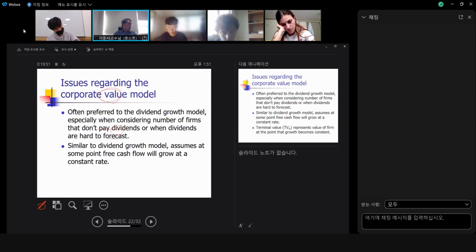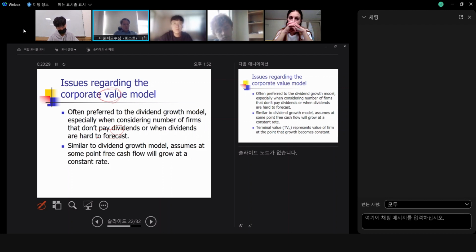As we talked about in the first class, we cannot use the dividend discount model if the company does not provide a dividend. So in that case, we can use the corporate valuation model, or when dividends are hard to forecast.